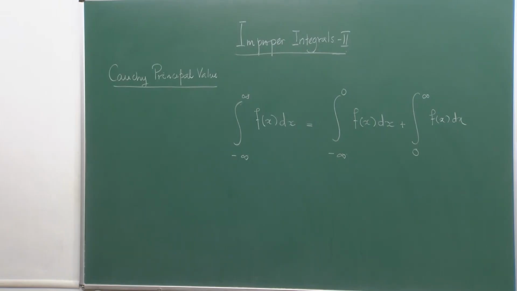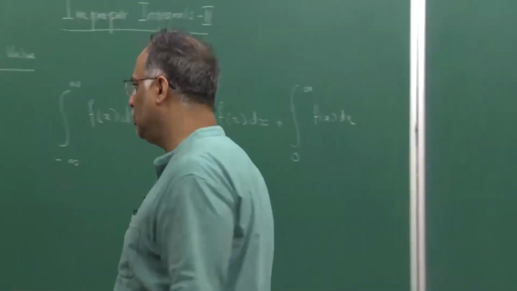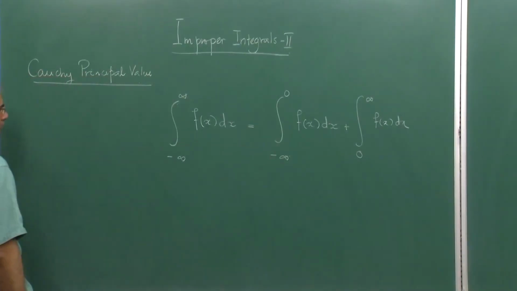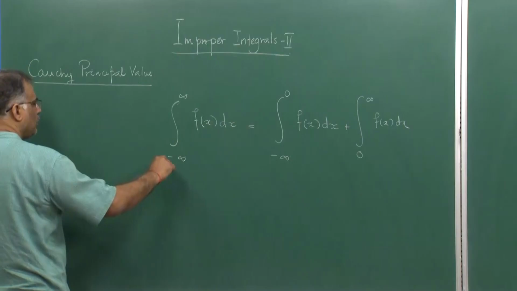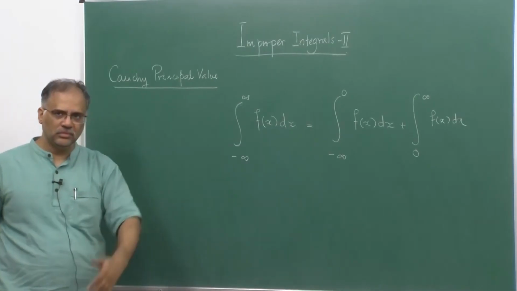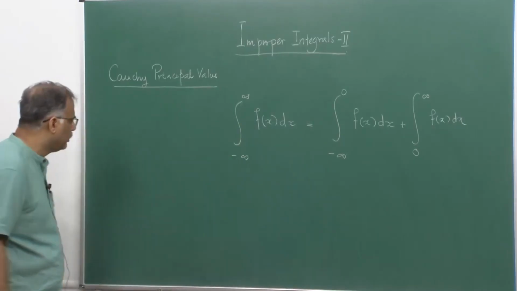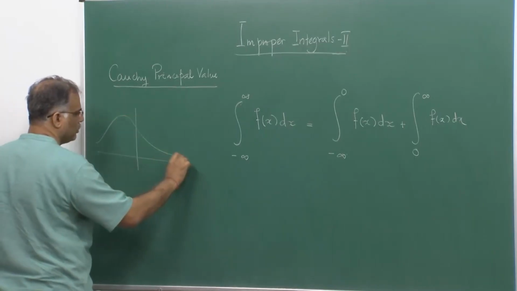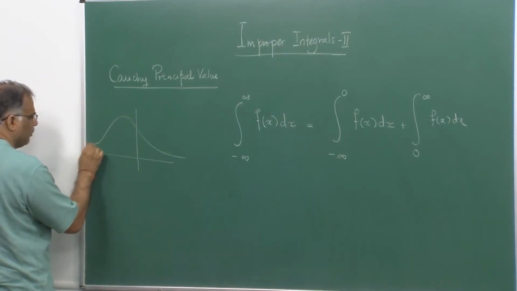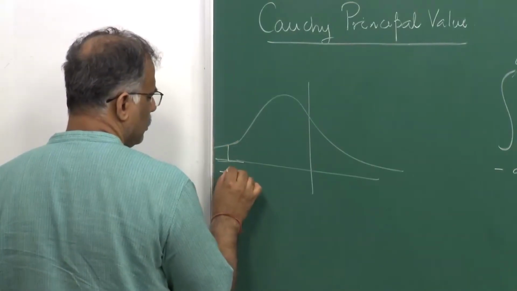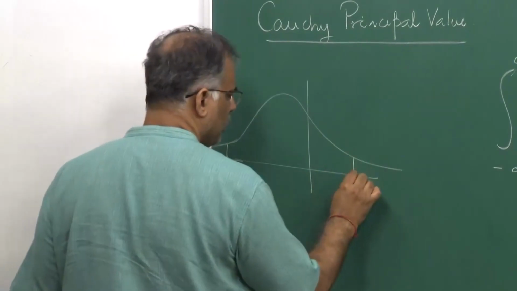So, what Cauchy said was, why can't we look at it in a different way? Why do I not replace minus infinity and plus infinity and integrate this function? You say, okay, there is a function defined like this, and it goes to minus infinity and to plus infinity. So here you take some minus p and here you take some q.